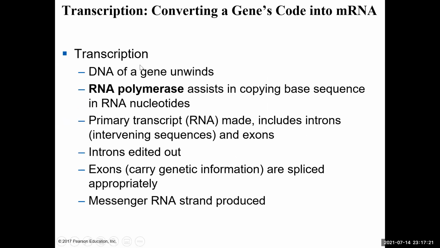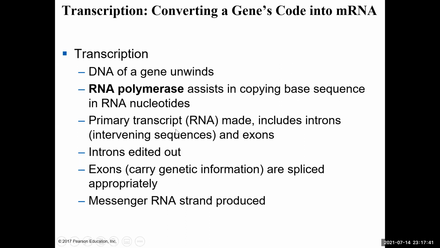So transcription happens just like with replication: the DNA will unwind. Instead of a DNA polymerase, you now have an RNA polymerase that will go in and copy those base sequences from the DNA into RNA nucleotides.